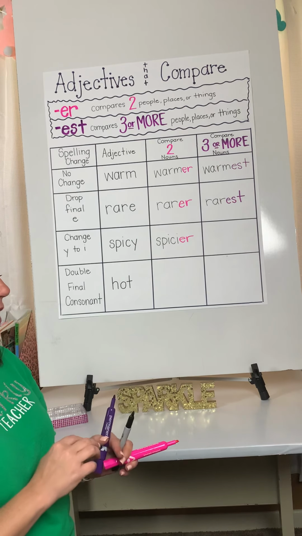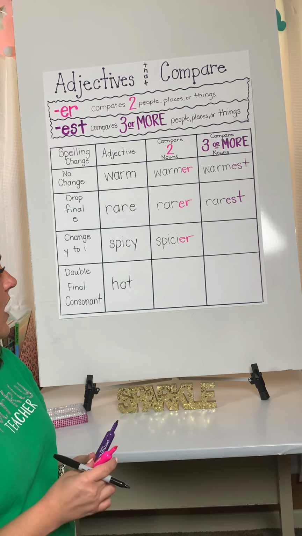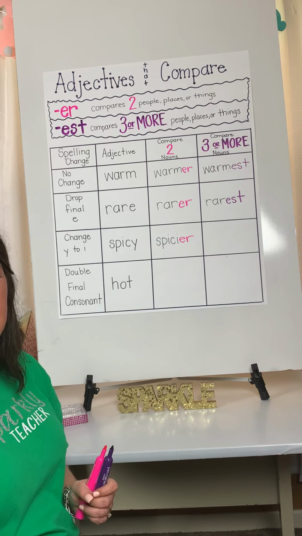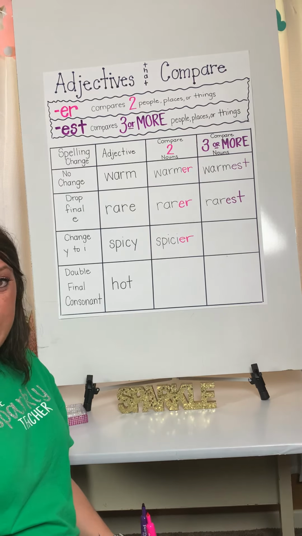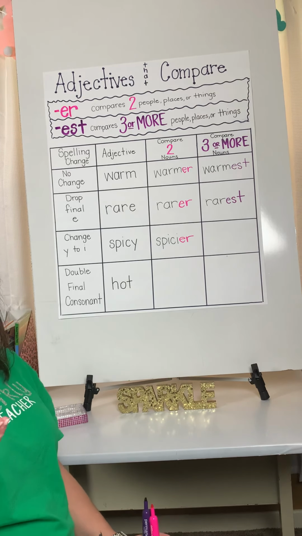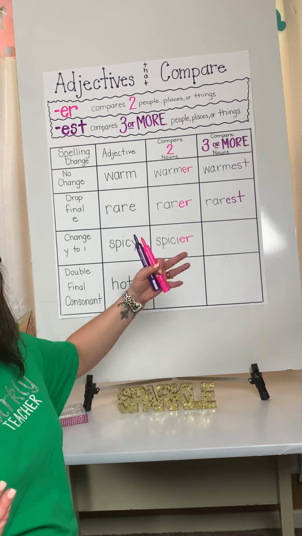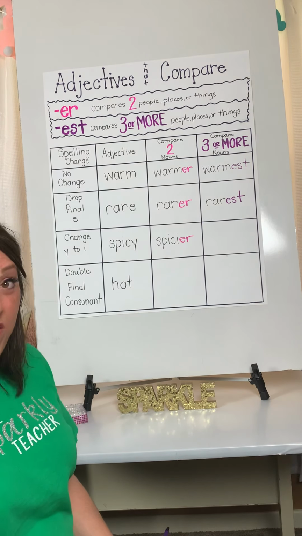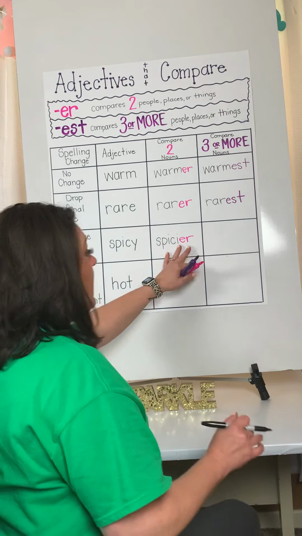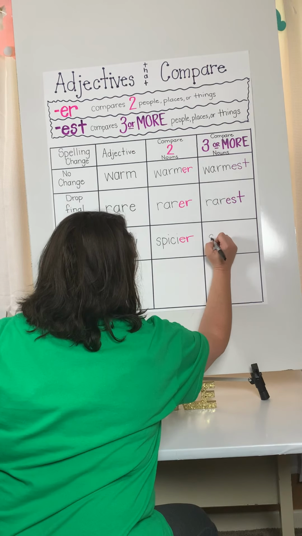What if I say this taco is the spiciest taco I've ever eaten? That means you're comparing this taco to all of the tacos that you've eaten in your whole life. That's probably three or more. The spelling change is the same.